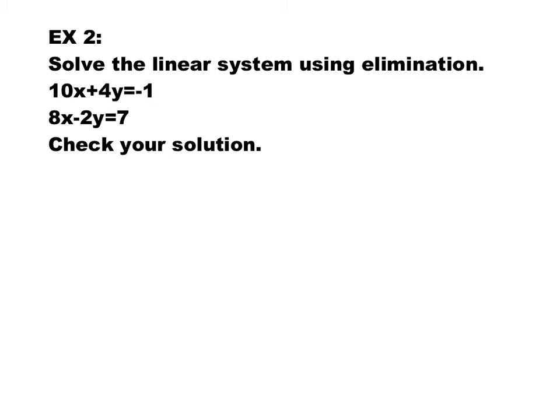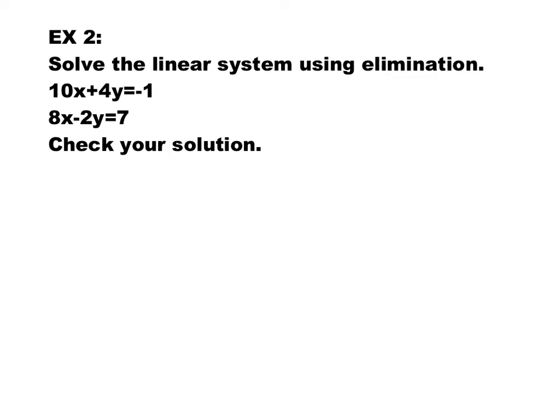So first we have to decide which variable we want to eliminate. I will decide y. The reason is that it's easy to change -2 to become -4. To do that, I'm going to multiply the second equation by a constant, 2.